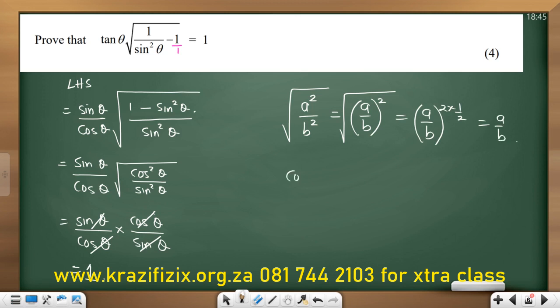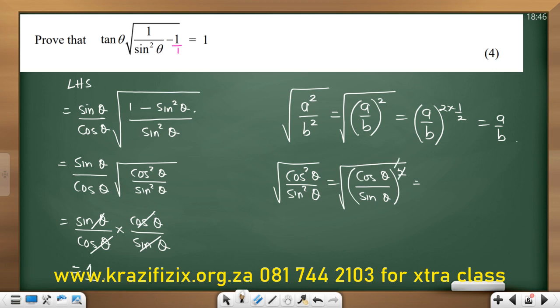So if I have cos squared theta over sine squared theta, the root will simply be cos theta over sine theta. Since there's no plus and minus in between, you're very flexible mathematically. And the square takes care of the square root. What I have left is cos theta over sine theta.